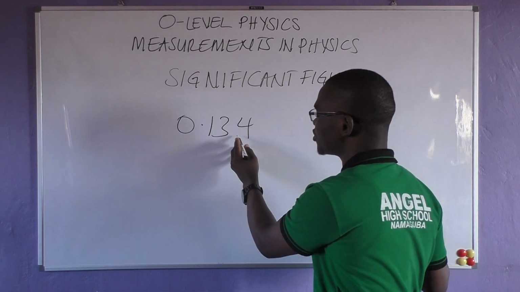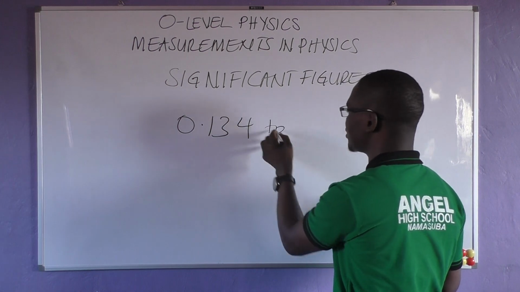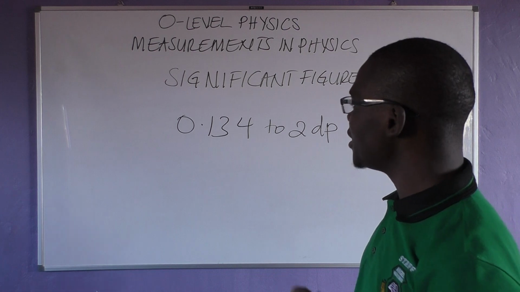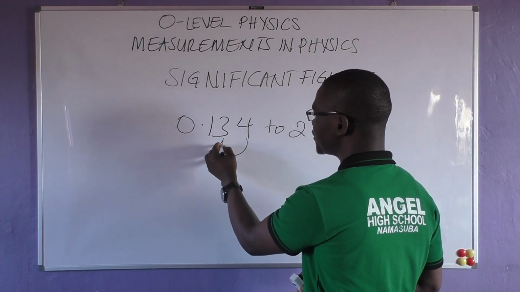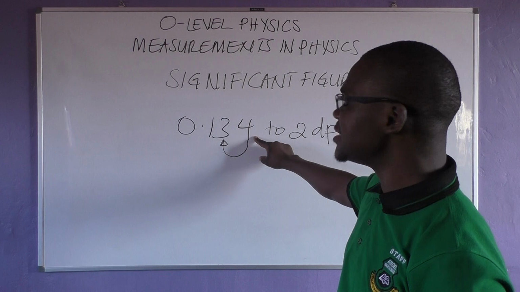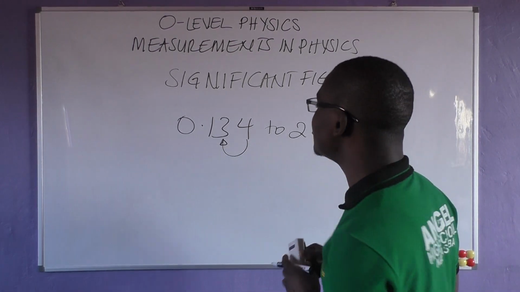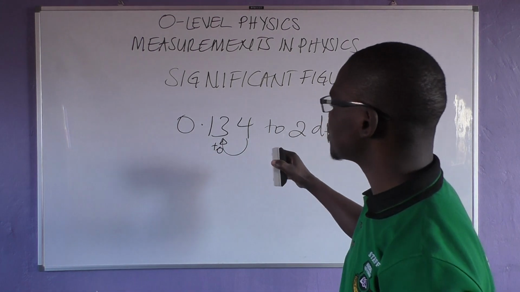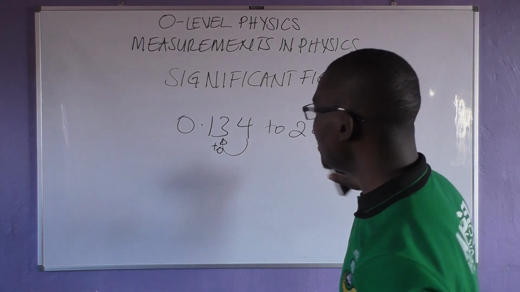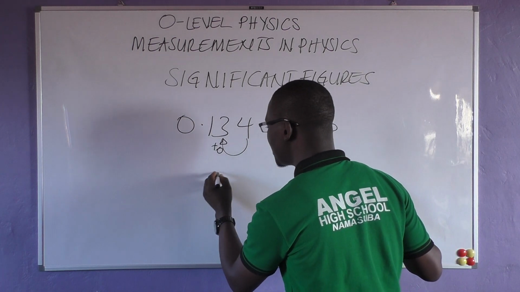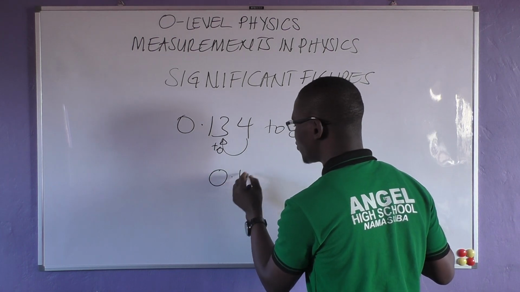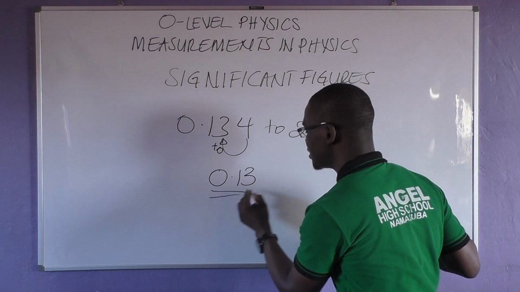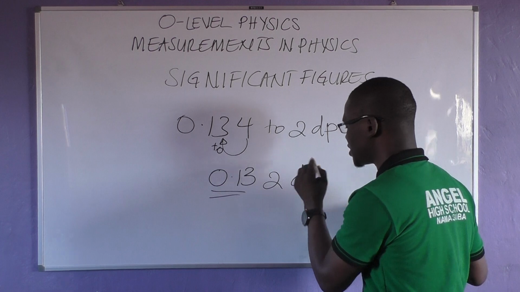These are 3 decimal places, but we are rounding off to 2 decimal places, meaning that this one will be rounded off, but since it is less than 5, we shall add a 0, and this one is taken to be 0. So meaning that we shall have our answer as 0.13, and that will be our answer to 2 decimal places.